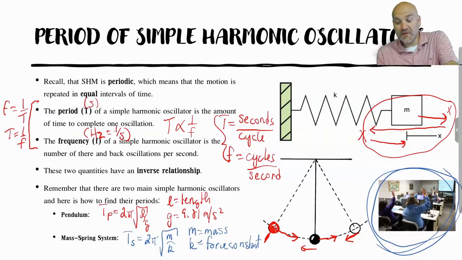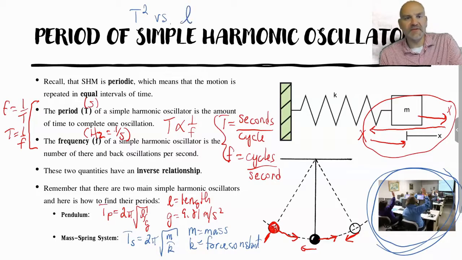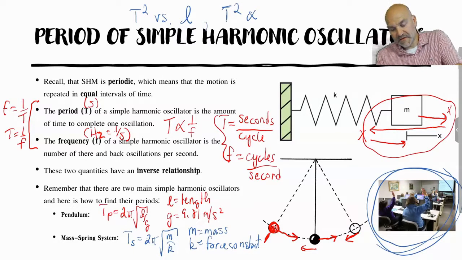In the long run, if there is a free response question on the AP test centered around the period, especially a lab type question, you're probably going to have to linearize the data. The easy way to do that, especially for a pendulum, would be T squared versus L, and for a mass spring system, T squared versus m.